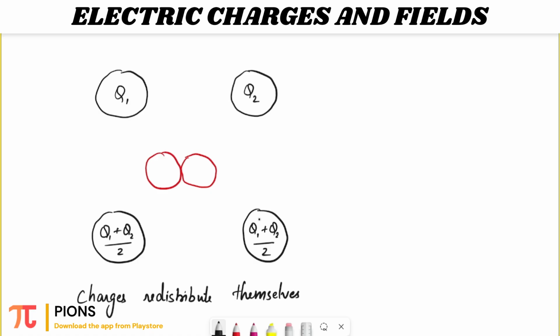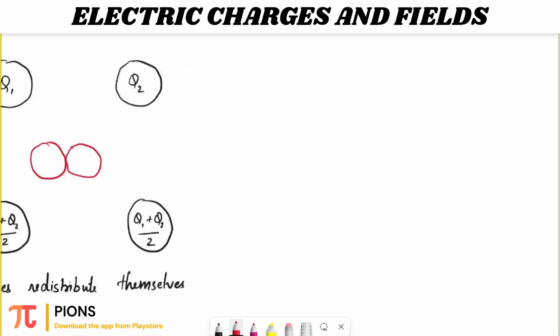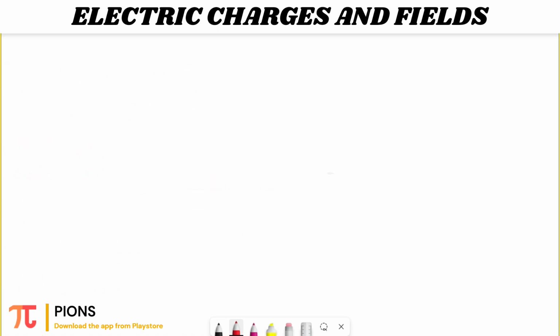So you add both of them and divide by 2, or simply the charge redistribution takes place like this. Understood? Now there are different types of charging, like we can charge any object using friction. Let me just write, because they are simple definitions, like you must have done in the previous 8th or 9th standard. So the different ways of charging are charging by friction. What is charging by friction?